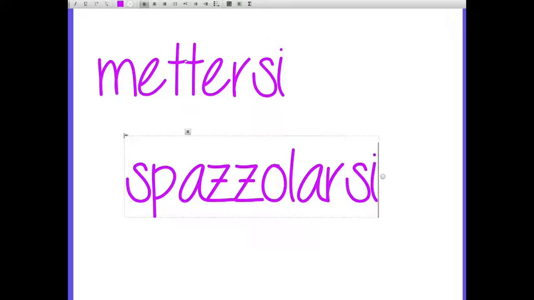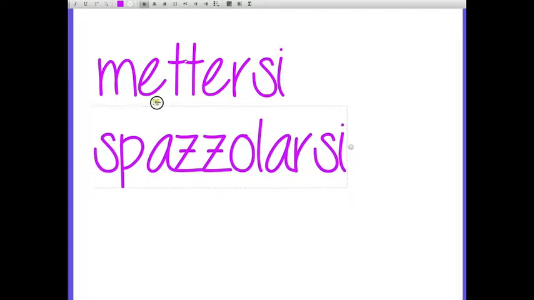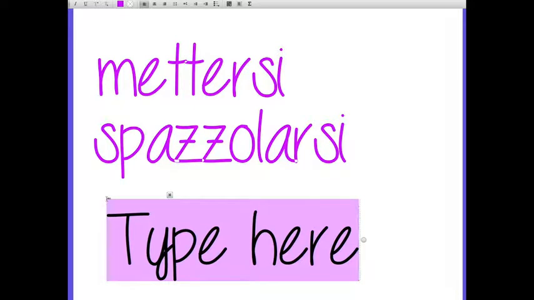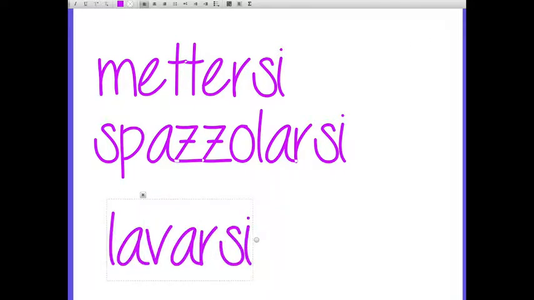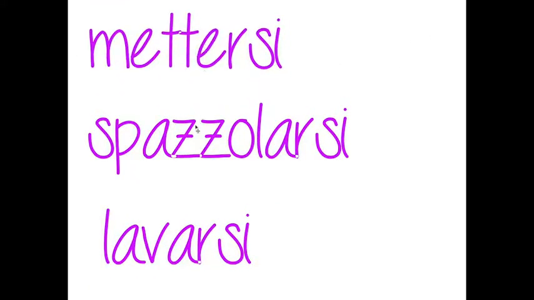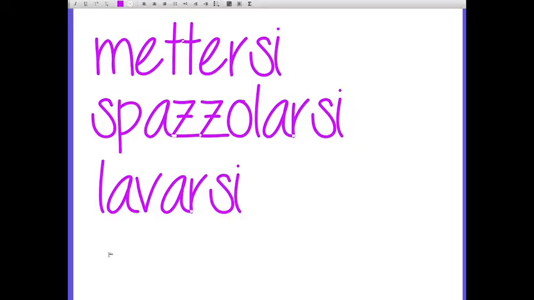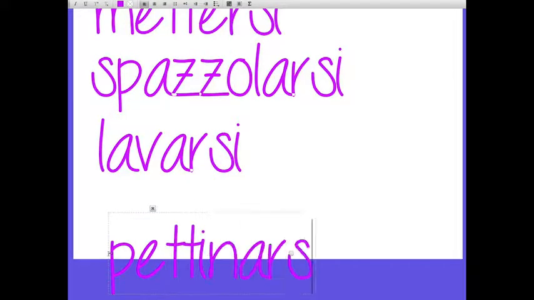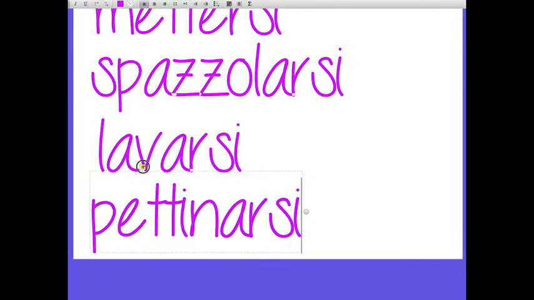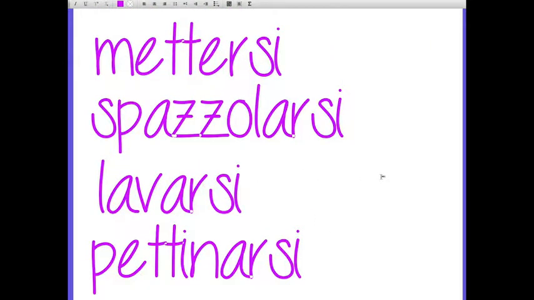Spazzolarsi, so you brush yourself, but also an object like the hair. Lavarsi, you wash yourself, but it could be your own hands, for example. And then we have pettinarsi, to comb your own hair, for example. Okay, mettersi, to put on. Remember that the past participle is messo. So this is a sampler of words that are both reflexive but also take an object.